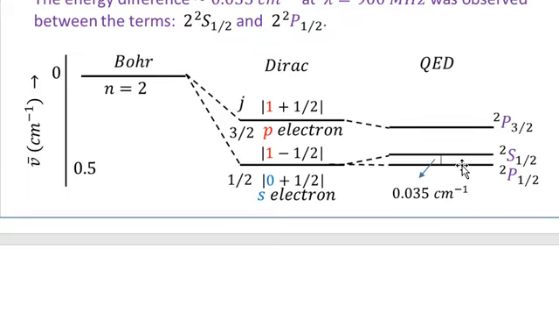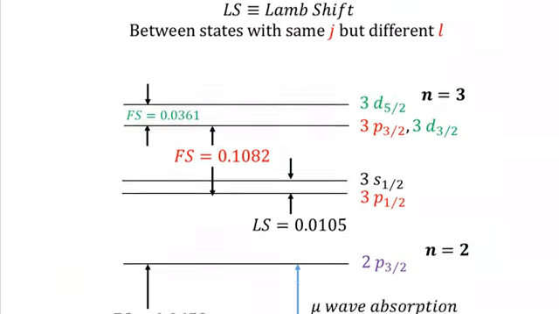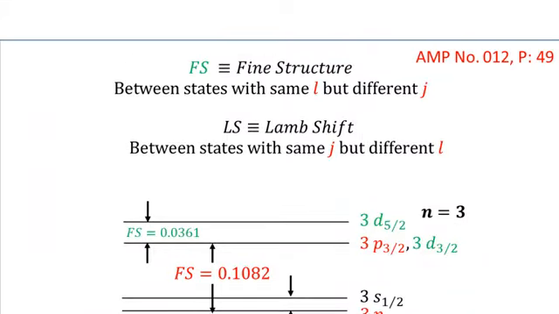Such a gap is represented by the Lamb shift, labeled LS in the figure, between states with the same J but different L.